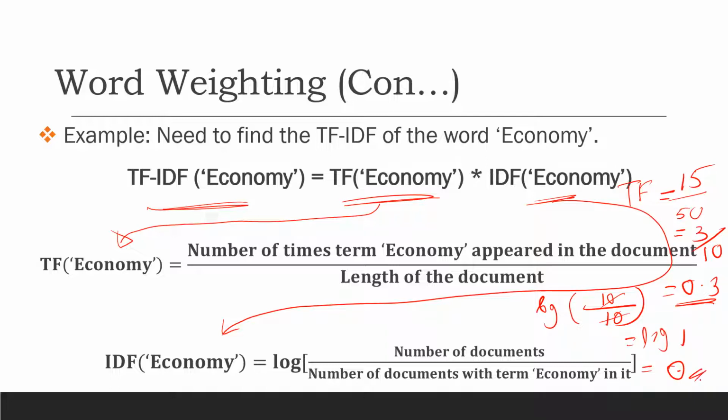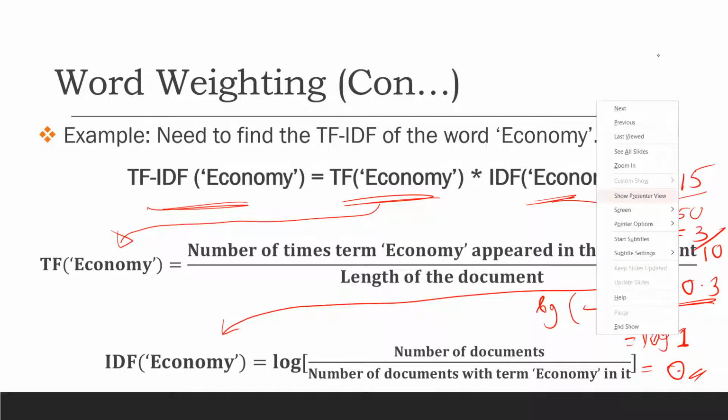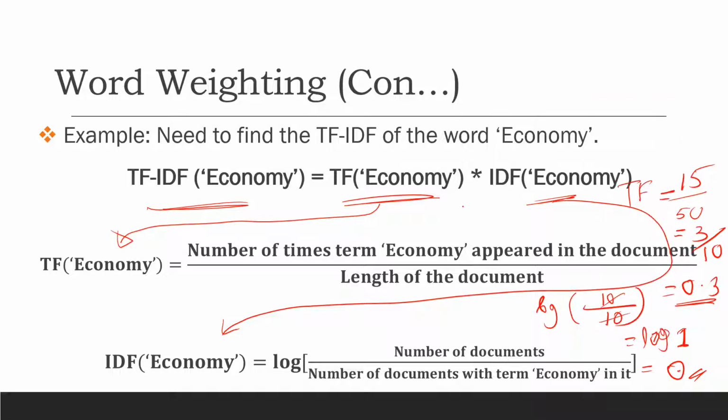Did you learn these things in your mathematics? Whenever you get the log value for 1, it is equal to 0. In mathematics we have some log rules. Whenever you get log 10 to the base 10, it is equal to 1. Log 1 to the base 10 is equal to 0.